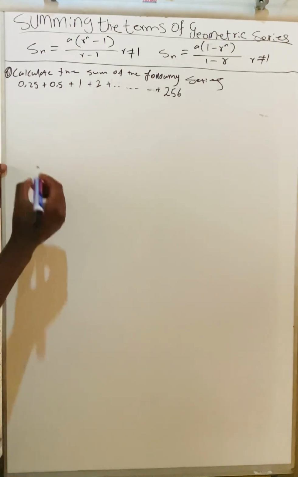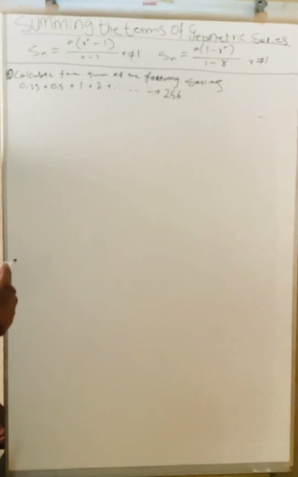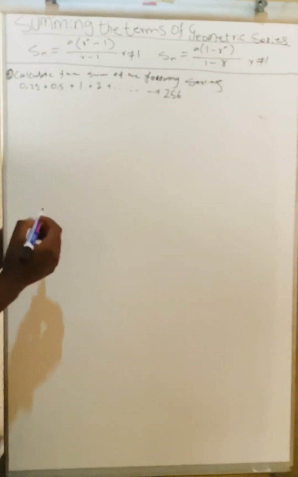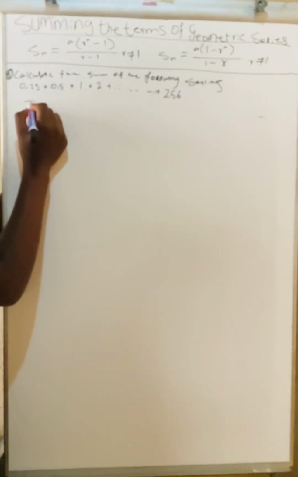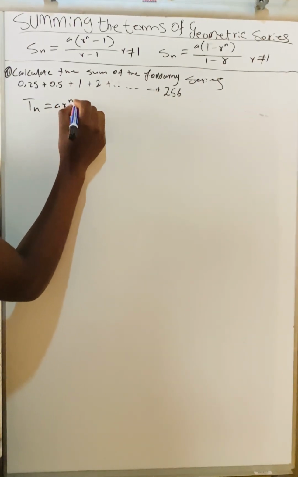Firstly, we all know the formula for calculating the general term of the geometric series. It says Tn is equal to A R to the power n minus 1.